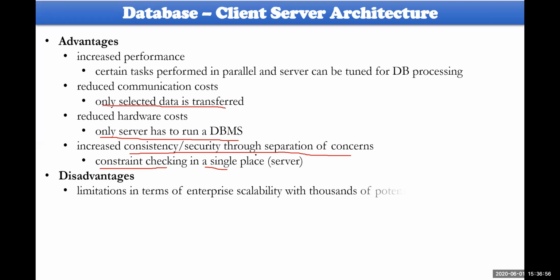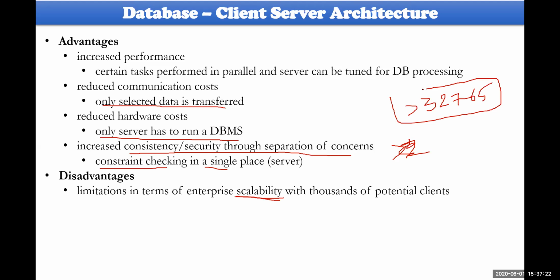And the only disadvantage is scalability. What do you mean by scalability? In client server two-tier architecture, it could not support more than 32,765 users. If the number increases beyond this, it is not supported.